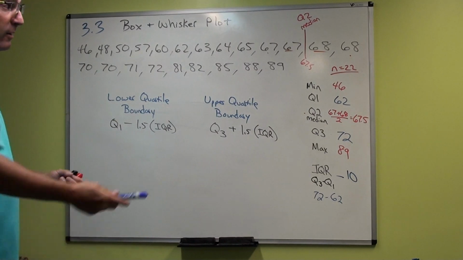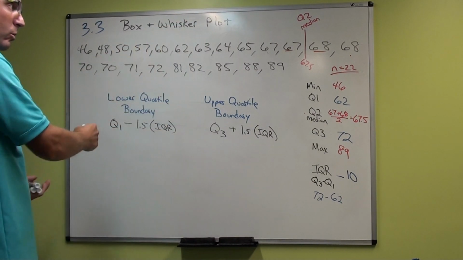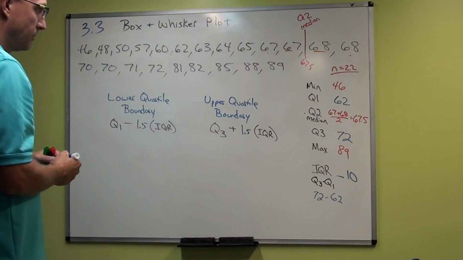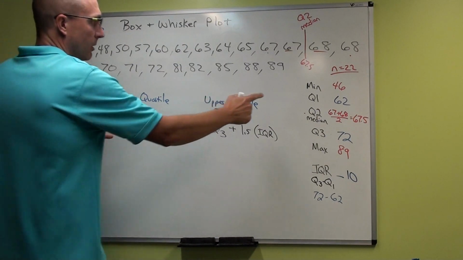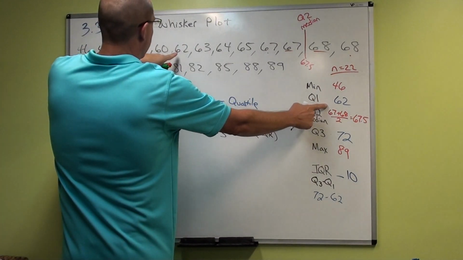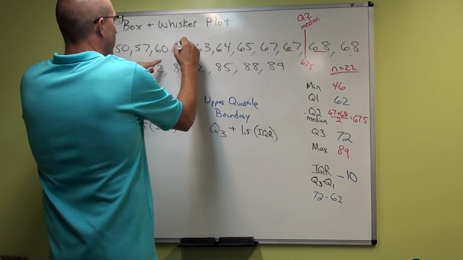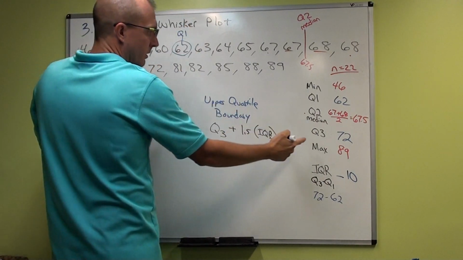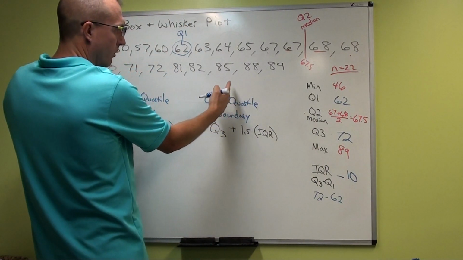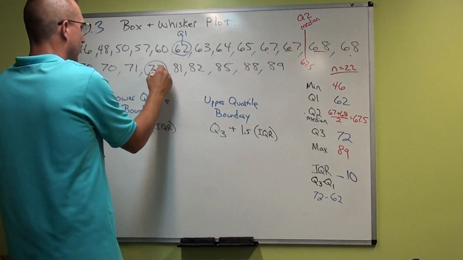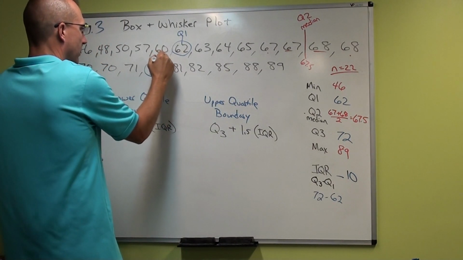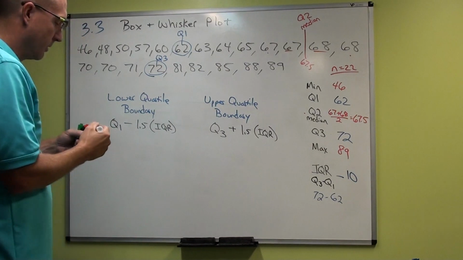Alright, now you have all your data, we substitute. Alright, I didn't mark my data here, hold on. 62, that's here. This is Q1, 72, Q3. I forgot to mark them.